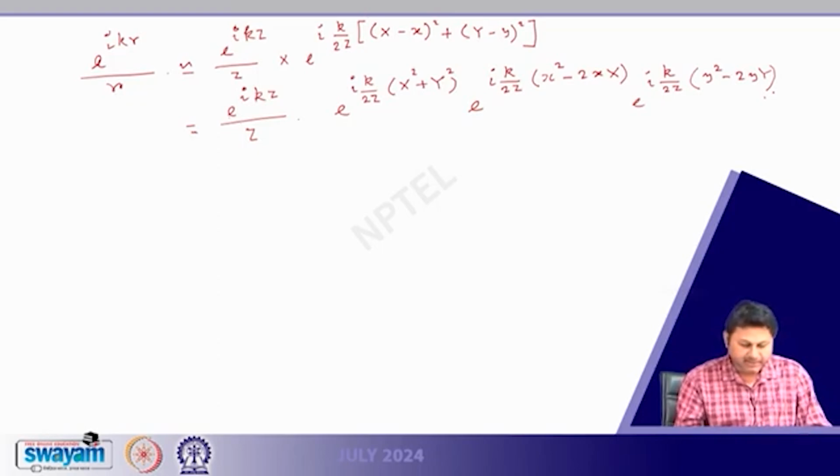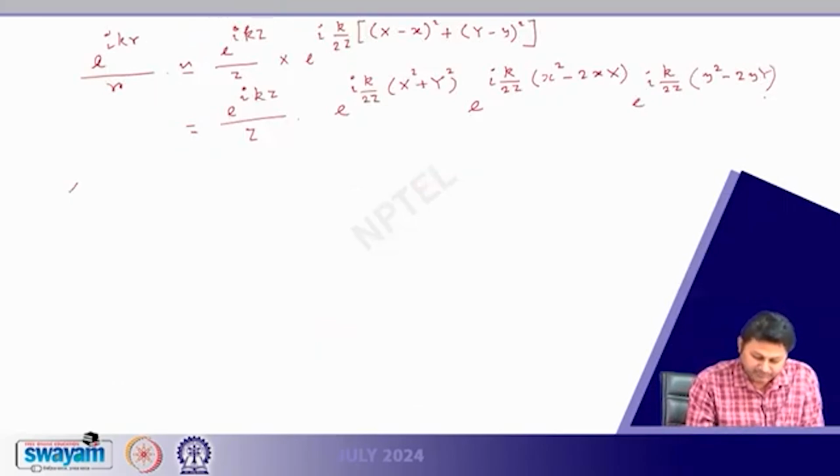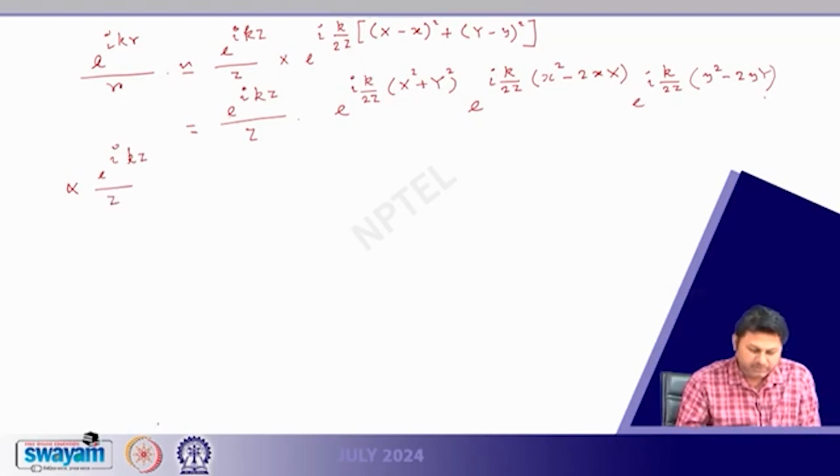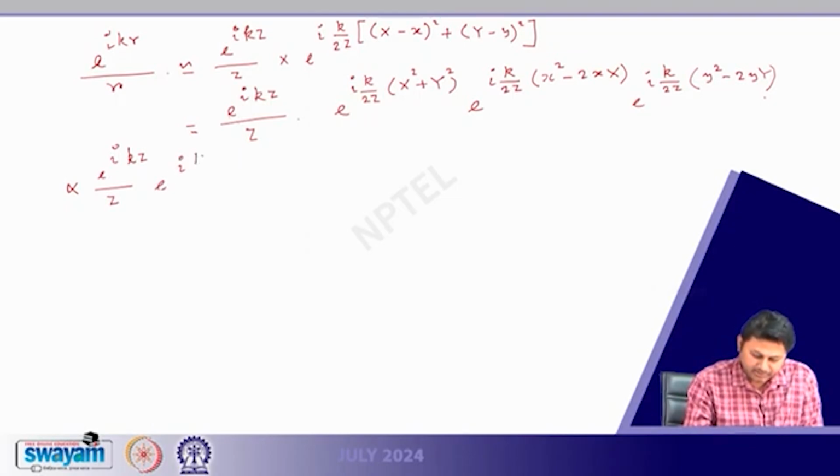So after that I put this condition into this integral, and we can write it as alpha. Then e to the power i k z divided by z, this term should come out, and also e to the power of i k by 2z, big X big Y term should come out, because this has nothing to do with the integral. Integration is over small x small y.